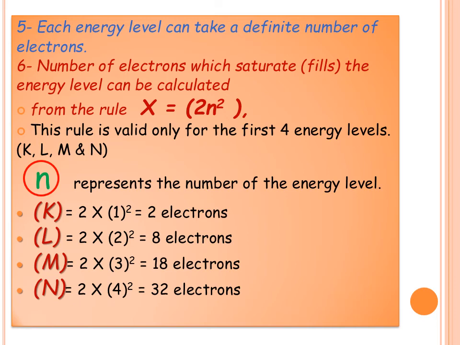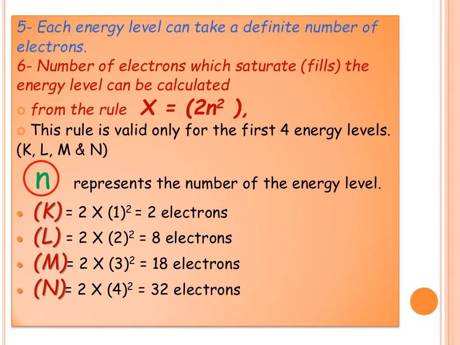This rule is valid only for the first 4 energy levels: K, L, M, and N. N here represents the number of the energy level. So we can calculate the number of electrons in each level by replacing N with the number of the energy level.